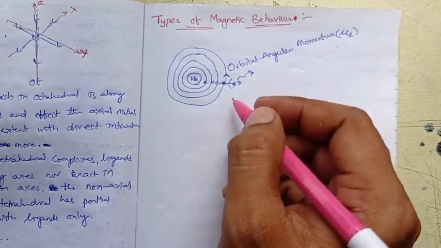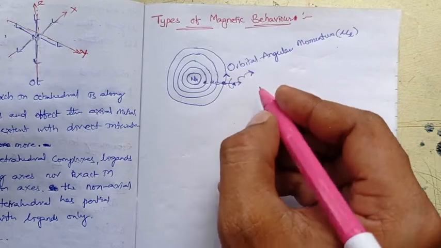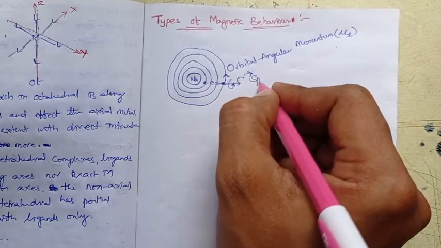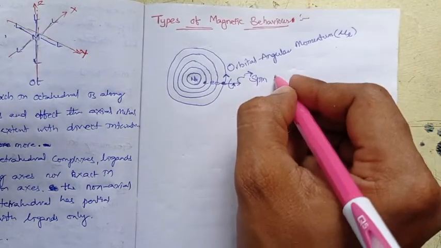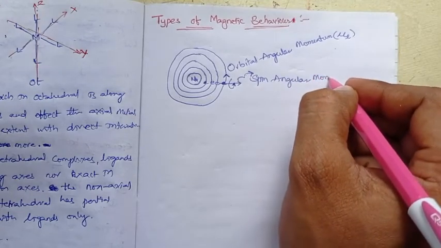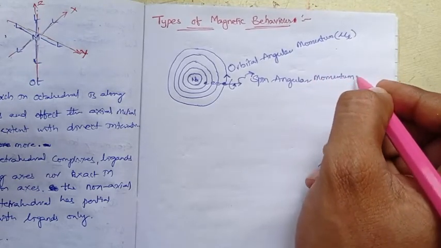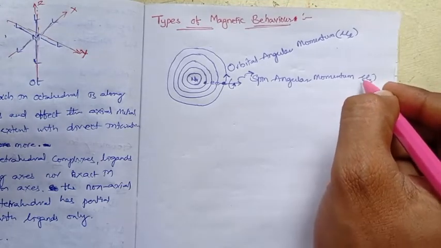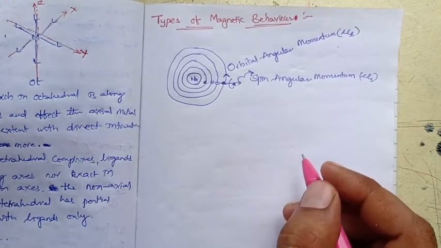And as the electron is spinning around itself, it is represented with spin angular momentum, represented with mu s, right?